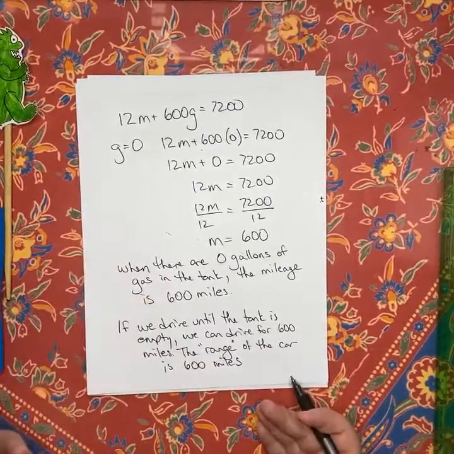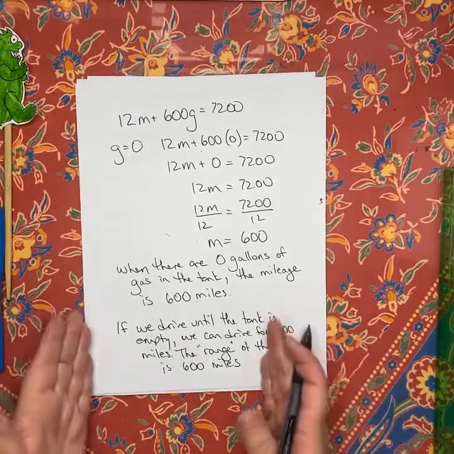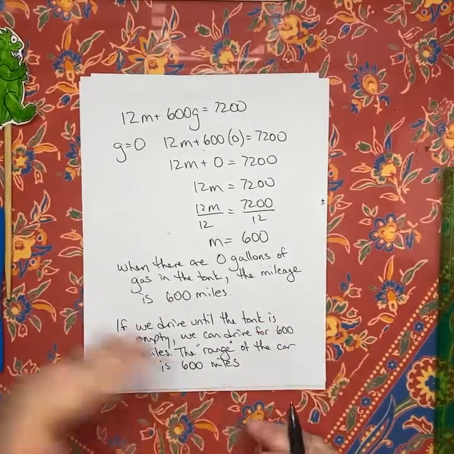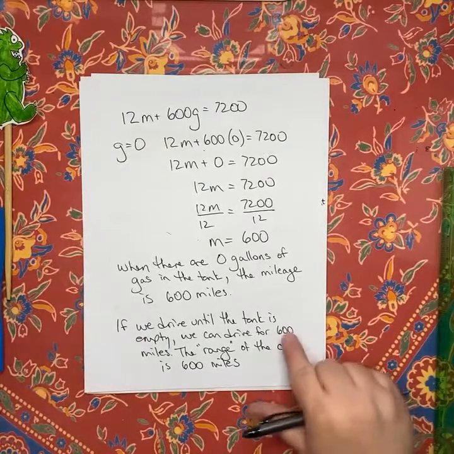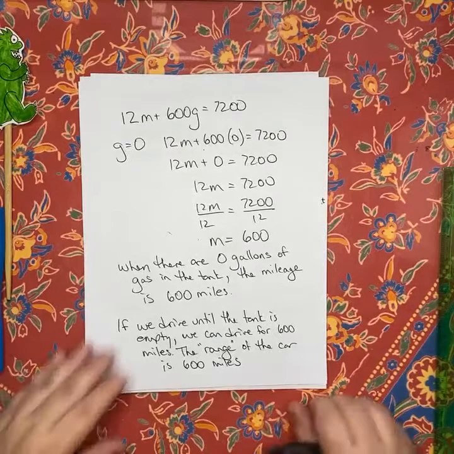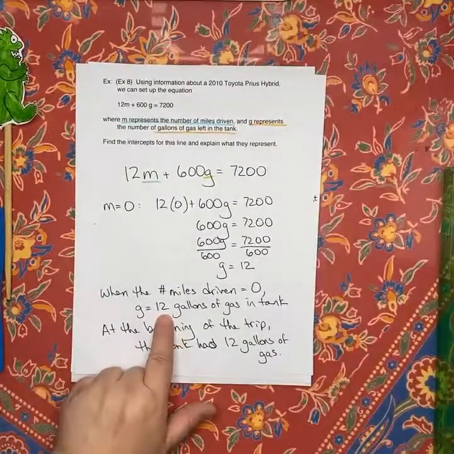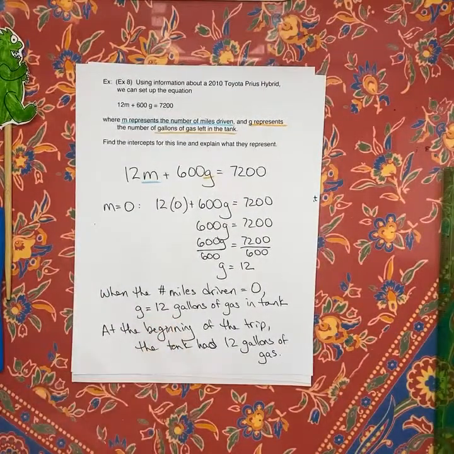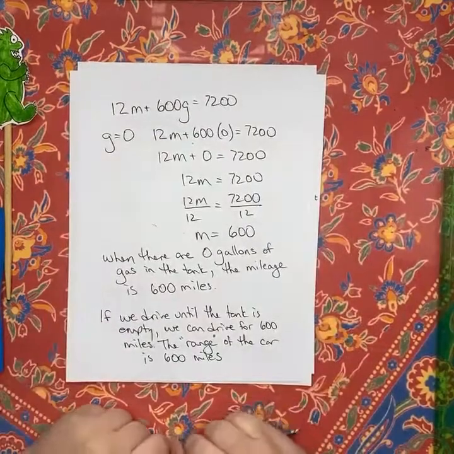So when we look at the zeros, it tells us at the edges, if we go all the way till all the gas is gone, we could go 600 miles. If we go all the way back to the beginning, we find that we have 12 gallons of gas in the tank. You guys are awesome.